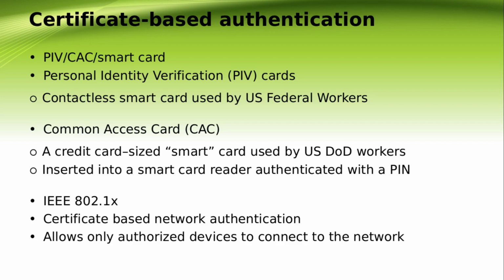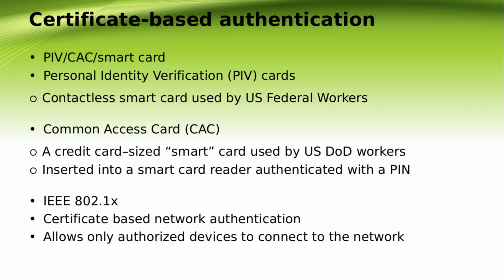The Personal Identity Verification, PIV, card is a contactless smart card used to identify federal employees and contractors. NIST developed the standard Personal Identity Verification, PIV, for federal employees and contractors, and it was published as a Federal Information Processing Standard, FIPS.